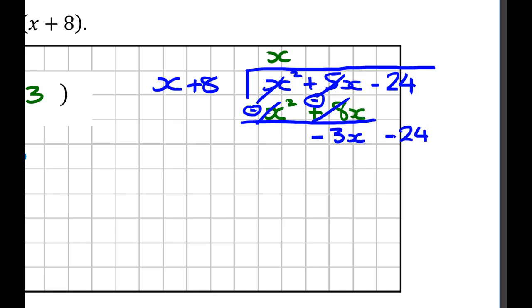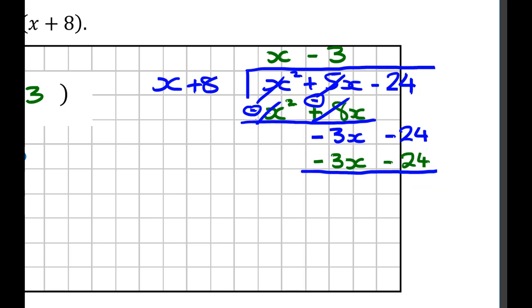So again, we repeat the process. X times what gives you minus 3x is obviously minus 3. So minus 3 times x is minus 3x. Minus 3 times plus 8 is minus 24. So we do this process again.